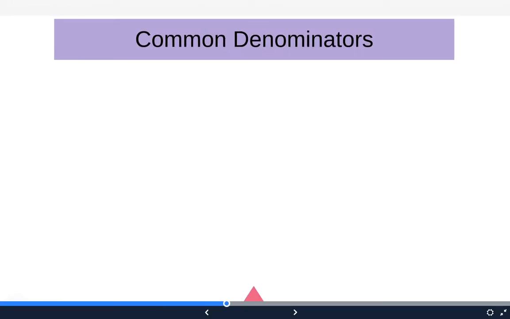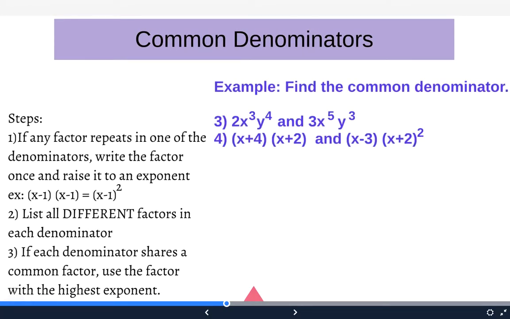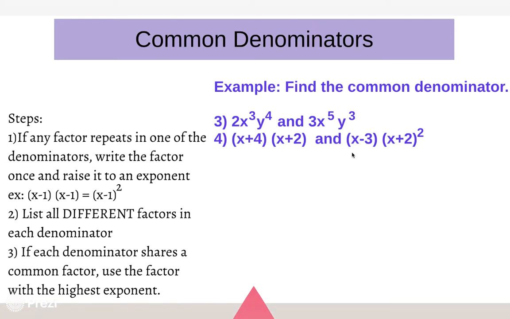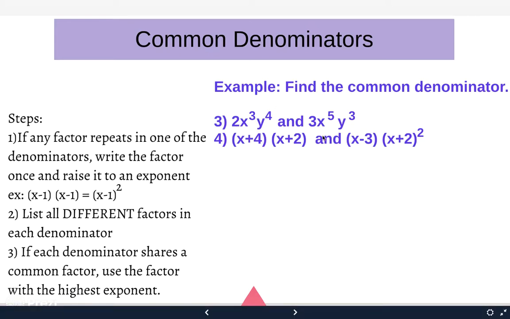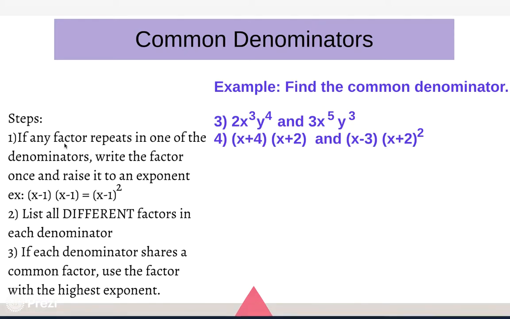Okay, well, these same principles are going to be applied when we have polynomials. So these steps for coming up with the denominator, we're going to imagine that these are denominators of polynomials. So they're not in the numerator of the fraction, they're in the denominator. And the goal is to make a common denominator between these two fractions and these two fractions. So what we're going to do, first of all, we have to factor.